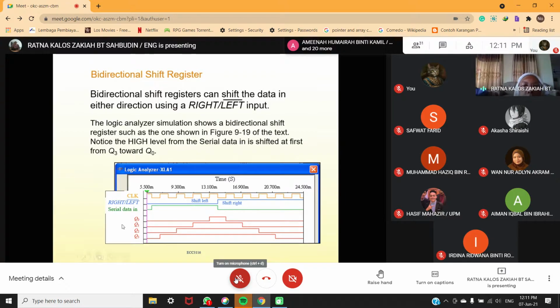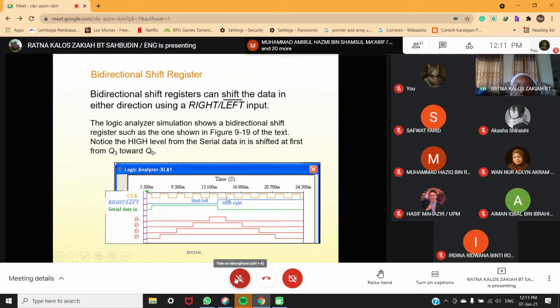Okay, now this is the serial data in. So you have this, start with this. You have, this is the data, and then going up, until here. Where is the clock? This is the clock, positive edge, positive edge, positive edge. Okay, and then positive edge here until here. This is still left.